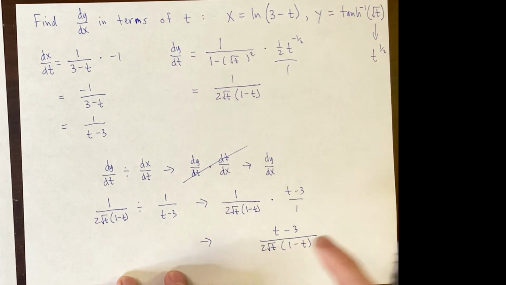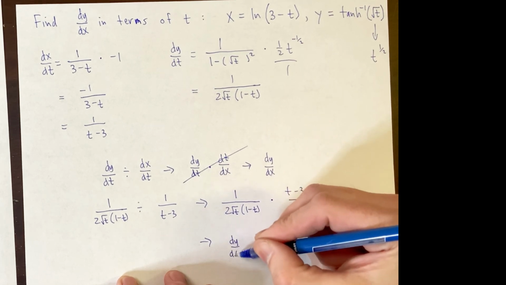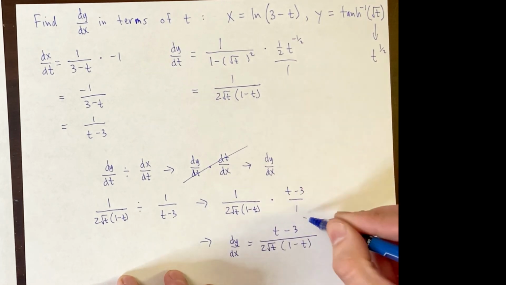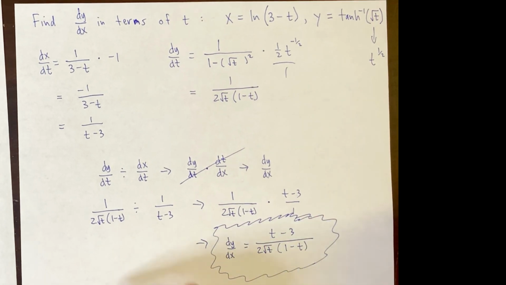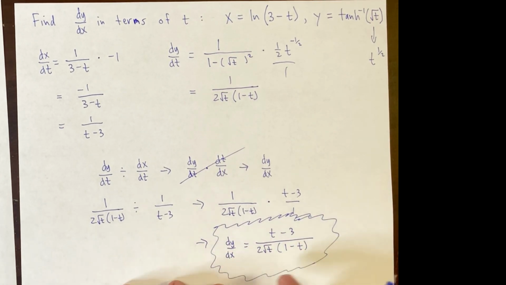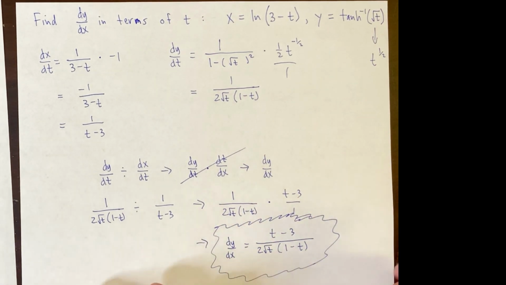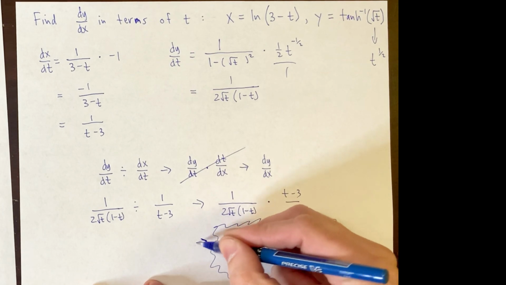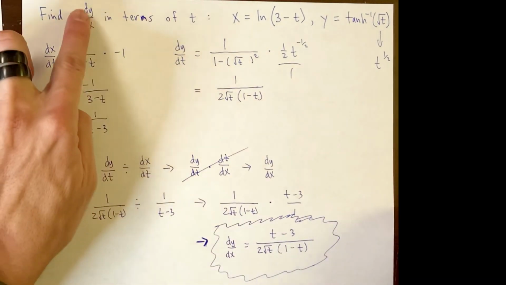And this is what they wanted. This is equal to dy/dx. But again, I know I keep repeating myself. I don't know if they want this to be cleaned up any further. We can rationalize the denominator and do all kinds of stuff. Let me know if they want us to do a little more cleaning. But if not, as is, this is one version of dy/dx.